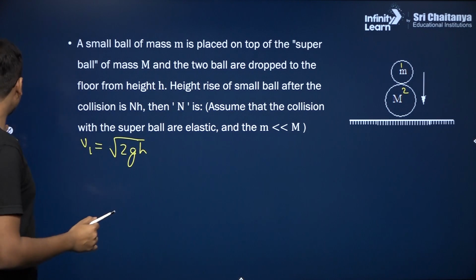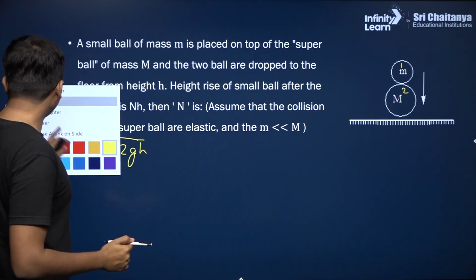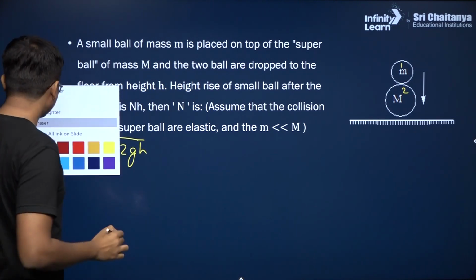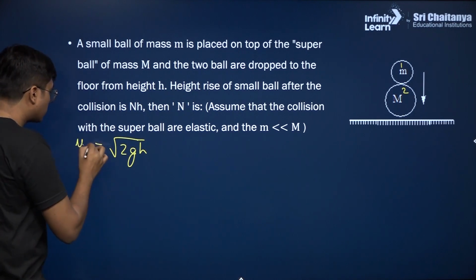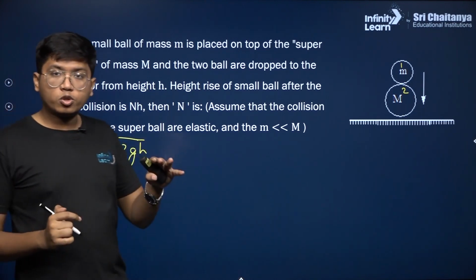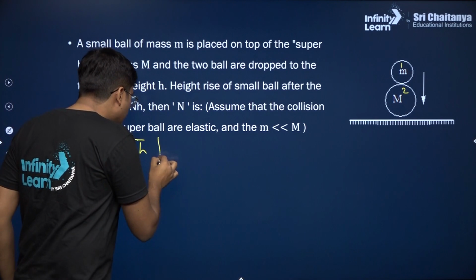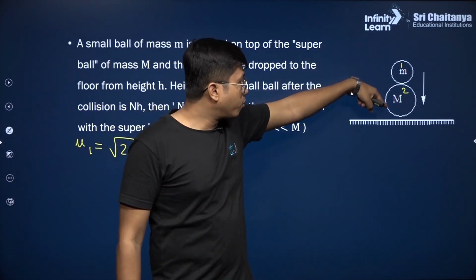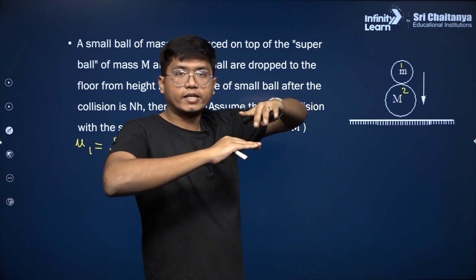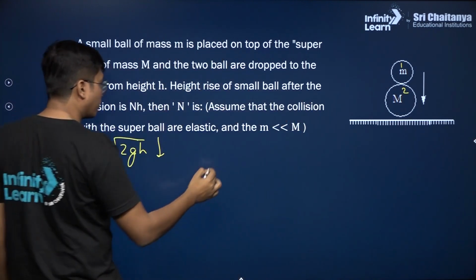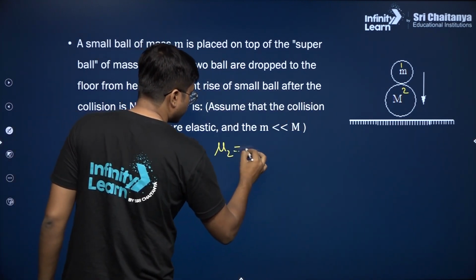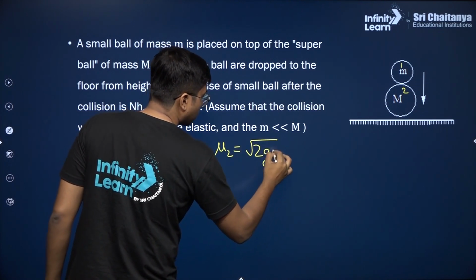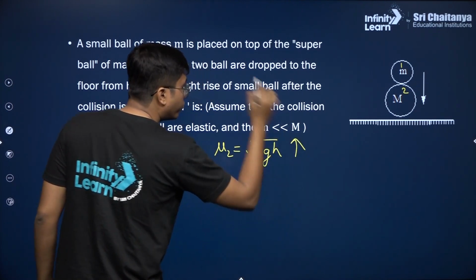Instead of V1, let's call this U1, because these are the initial velocities. It is root 2gh, and just to note, it is in the downward direction. Ball 1 is still moving down, but ball 2 has just hit and got reflected. So ball 2 will also have the same speed, but it will be in the upward direction.